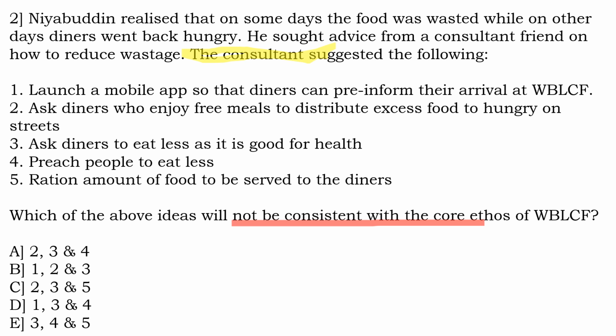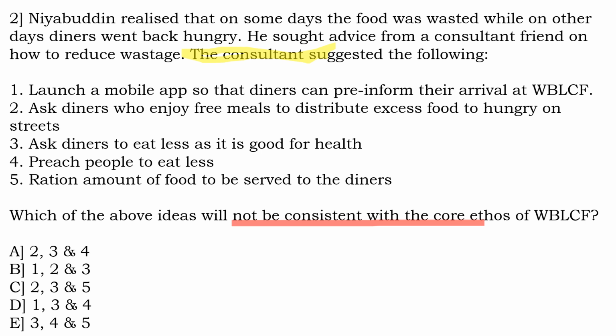If the diners who are enjoying free meals are able to distribute the excess food to hungry people on the streets, the food will not go to waste, and it will also be according to the ethics of Niyamuddin. So it is not inconsistent, and this also cannot be a part of your answer. So options which have 2 as an answer, you can eliminate. Option A is eliminated, option C is eliminated.